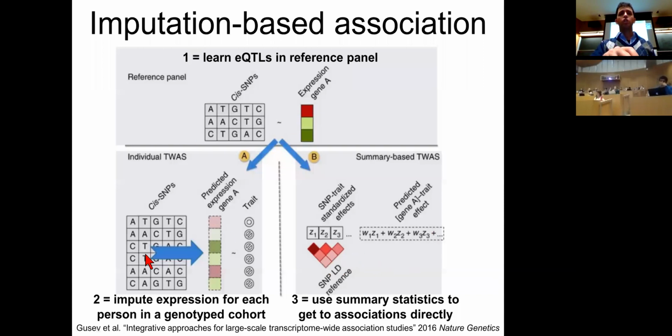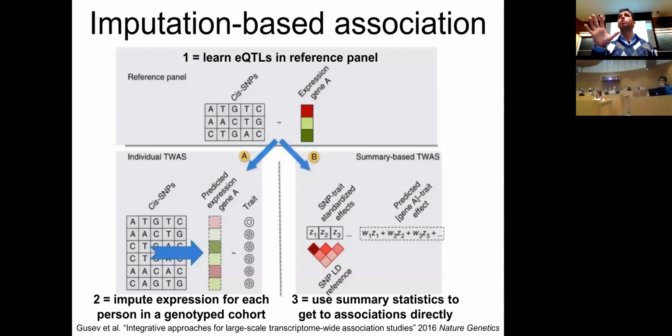Because this association is linear, and because the GWAS association is linear, I can just carry out a linear combination of my associations to predict new associations through imputed expression, but without ever looking at the genotypes of these individuals.